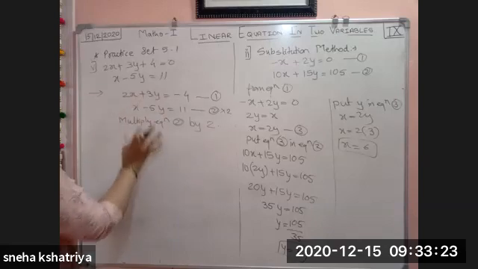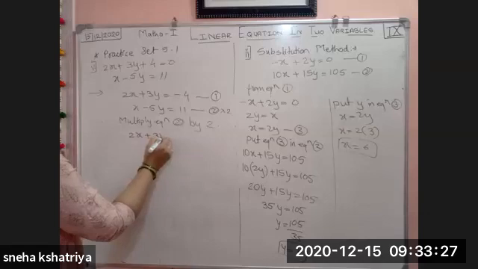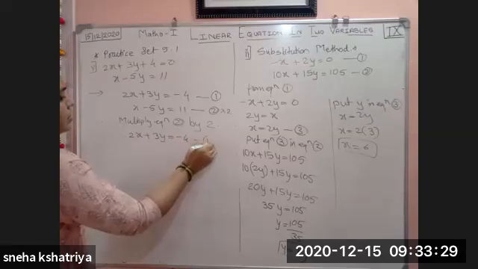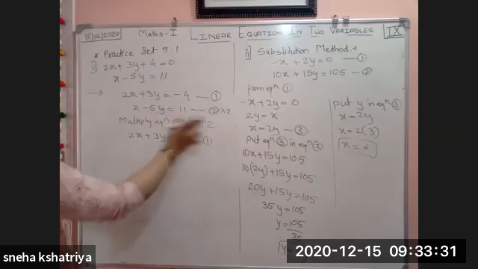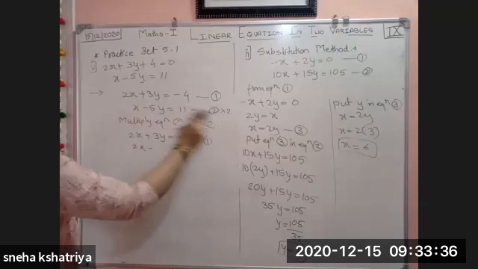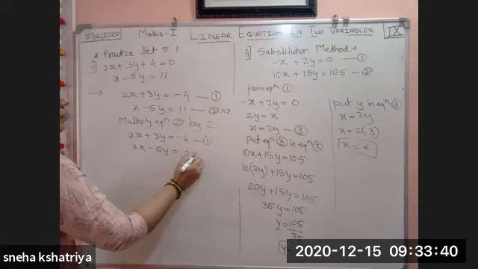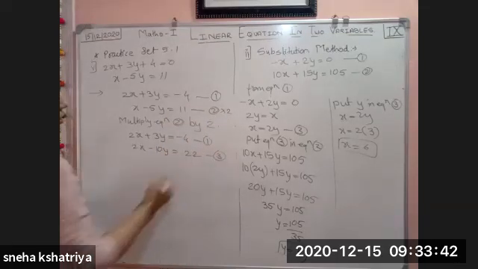Directly we will write equation 1 and then equation 2. So we have 2x plus 3y is equal to minus 4. This is equation 1. Now by multiplying, 2 into x becomes 2x, minus 5 into 2 becomes 10y, which is equal to 11 into 2 becomes 22. This is your equation number 3.